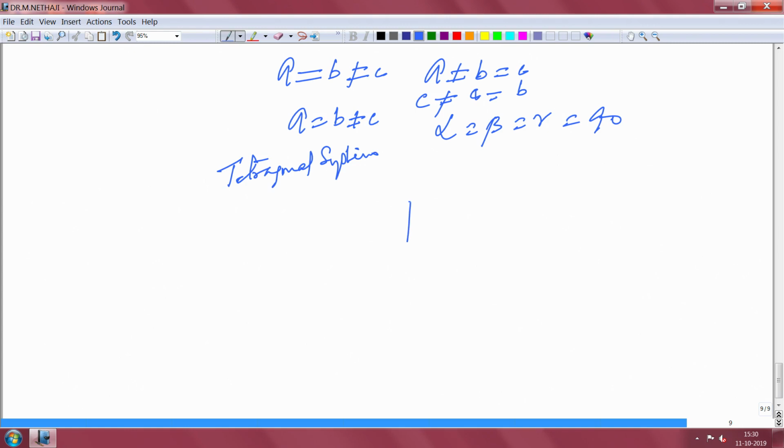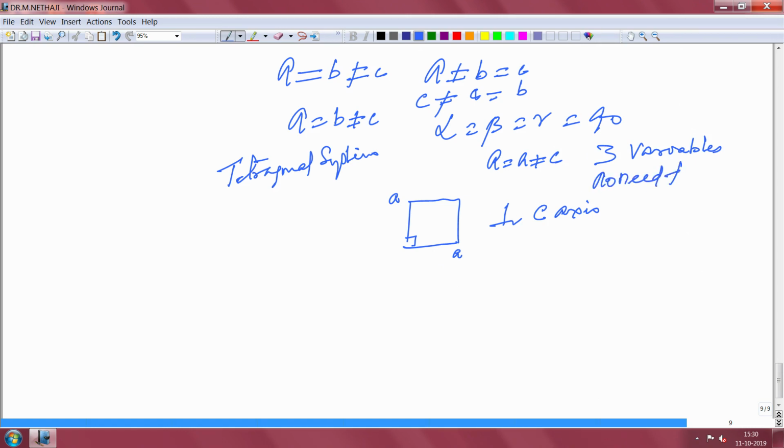Where there is a square base, this is my A and this is my A, and the perpendicular axis is the C axis and this is 90. So this can be rewritten as A is equal to A not equal to C. So we need only 3 variables, no need for alpha, beta and gamma.